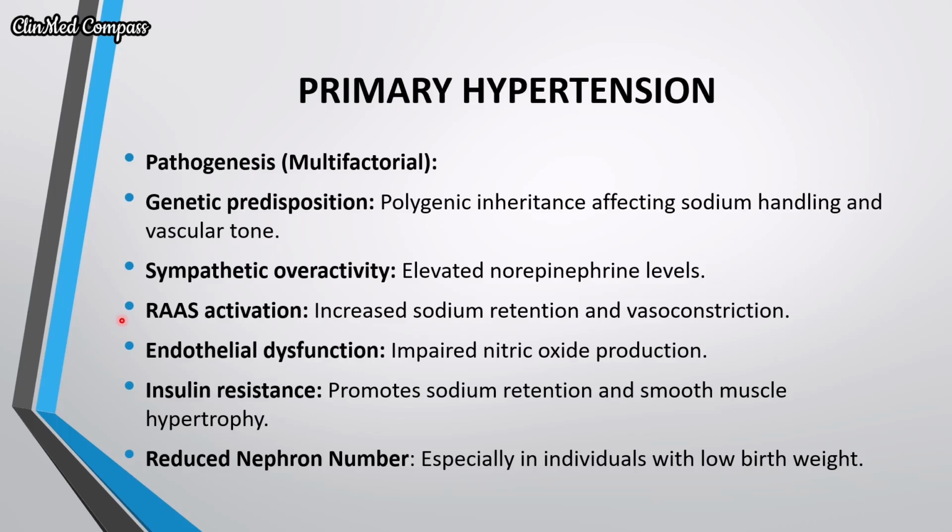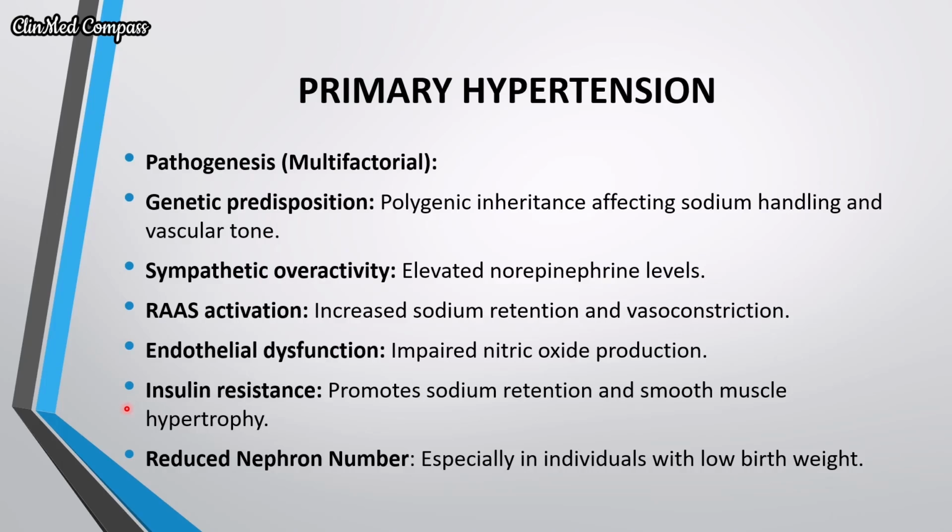The renin-angiotensin-aldosterone system helps to promote sodium retention and vasoconstriction. Endothelial dysfunction results in reduced nitric oxide availability and impaired vasodilation. Insulin resistance, which is common in metabolic syndrome, causes sodium retention and vascular smooth muscle hypertrophy.